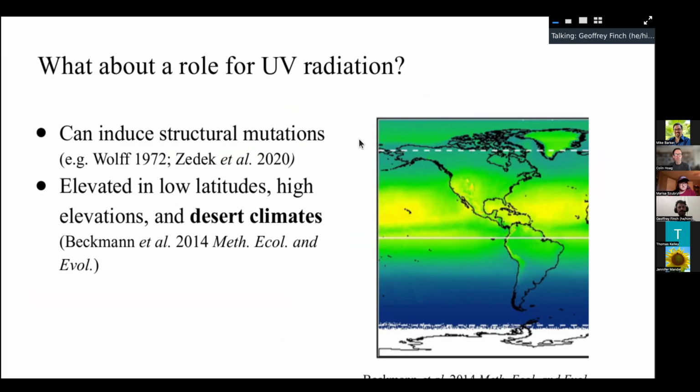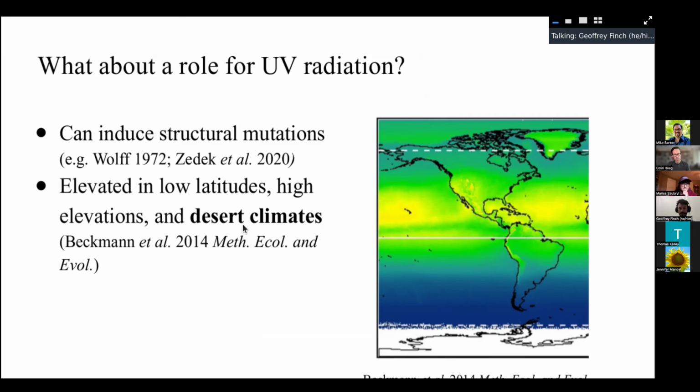I also wanted to explore a role for UV radiation. This is not really part of the original hypothesis, but we do know that UV radiation is a clastogen, right? It can induce structural mutations, such as the kind that could potentially lead to dysploid changes. And it's also elevated in arid and desert climates.